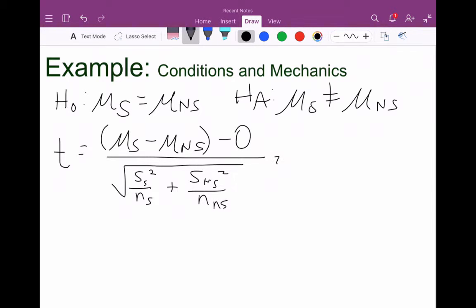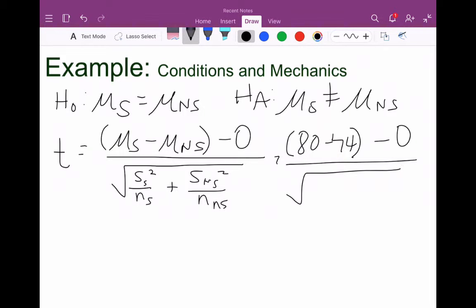So this ends up equaling 80 minus 74 minus 0, all over the square root of 5 squared over 26 plus 6 squared over 32. So then we get a t-score of 4.15.